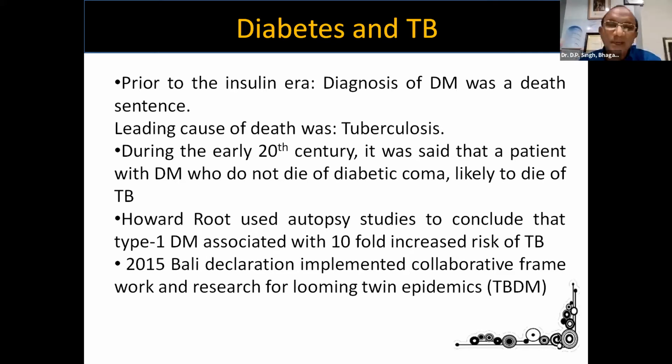But again, in 1990, diabetes started coming up. Then in 2012, there was collaboration between the Global TB Union and WHO, and there was the Bali Declaration. From there, a lot of work has started to tackle these twin epidemics, that is TB-DM.